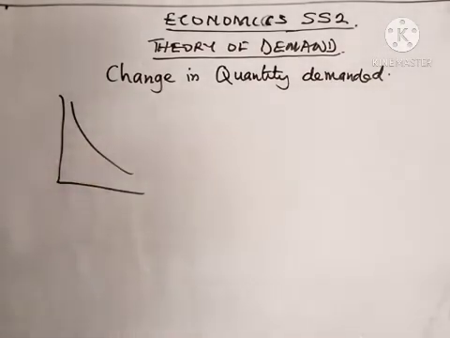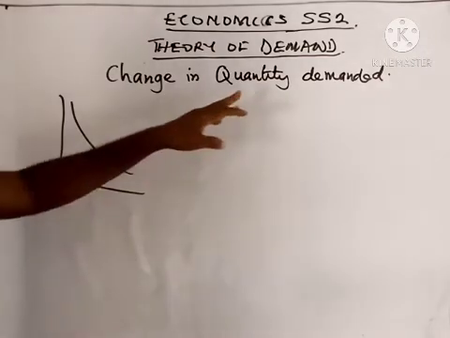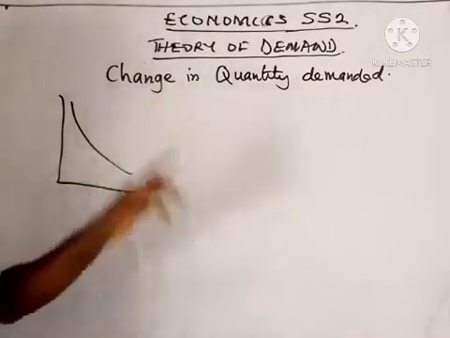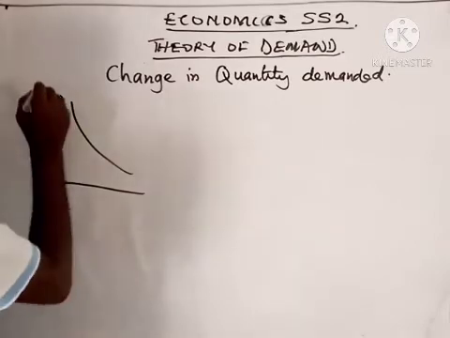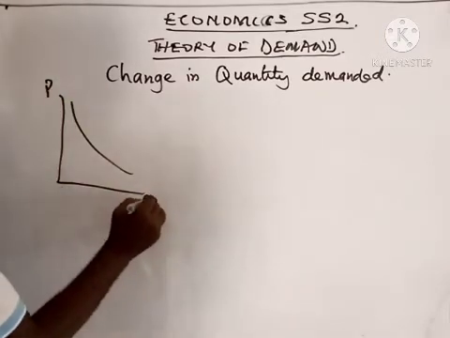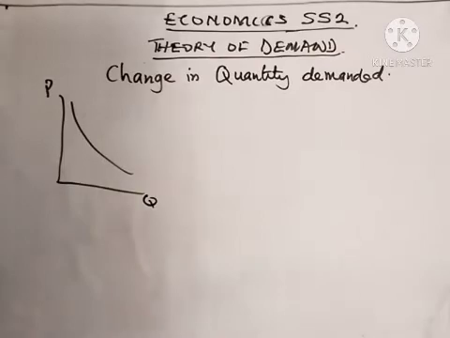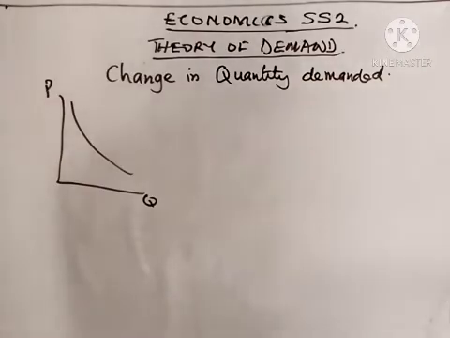So when you are talking of change in quantity demanded, you discover that it changes as a result of price. And when the price of a commodity changes, then the quantity demanded will equally change, because we have said that price and quantity are the two parameters through which we measure demand.